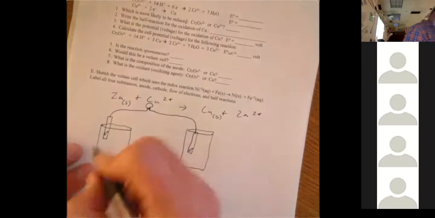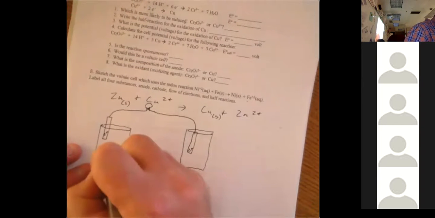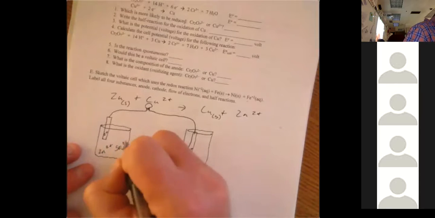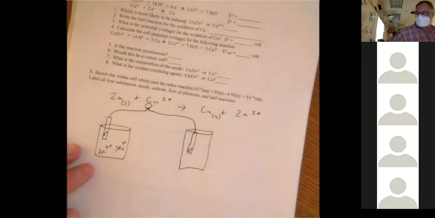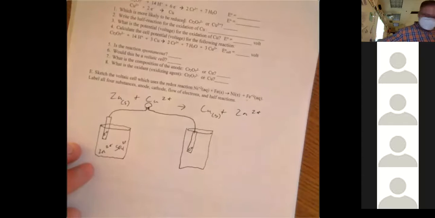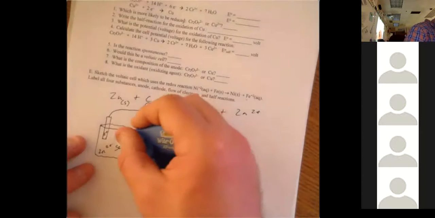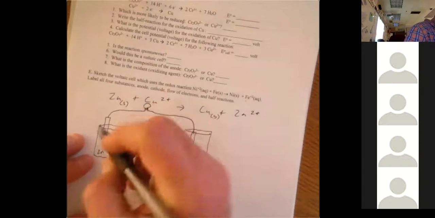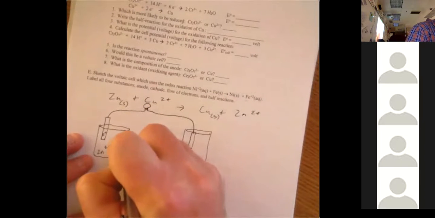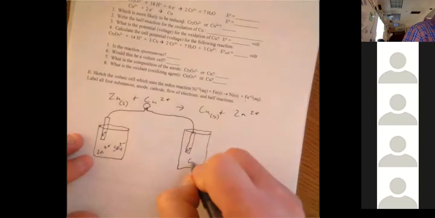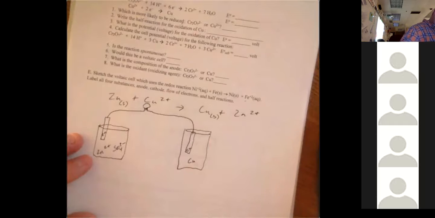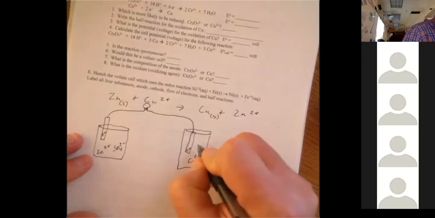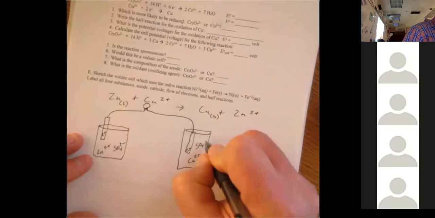In here we would have zinc ions and sulfates, a common one to use for that. Since it's a spectator, it doesn't matter. And here are copper ions and sulfate ions as well.